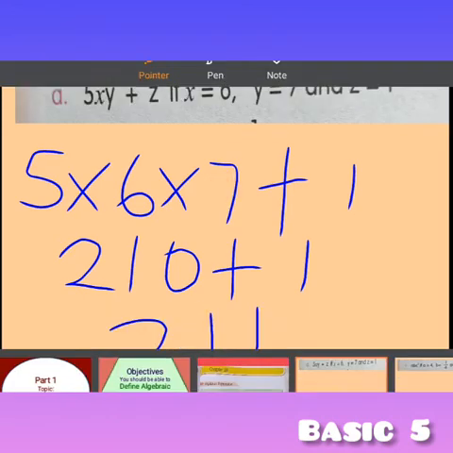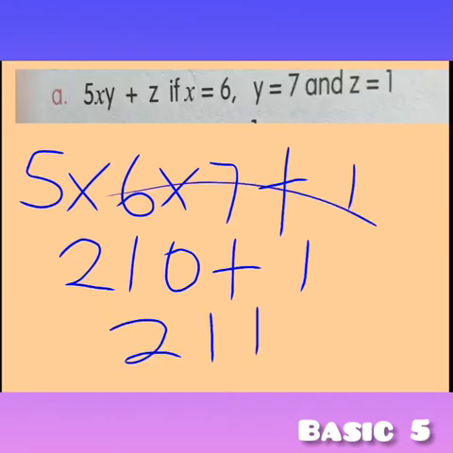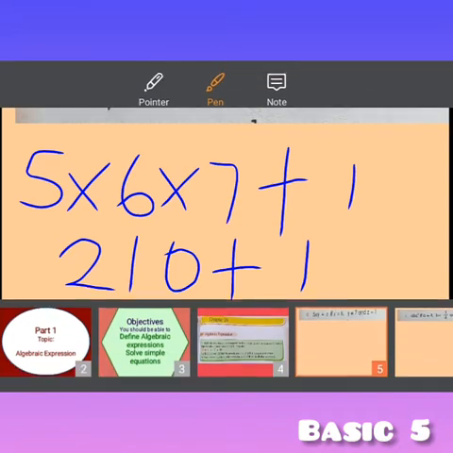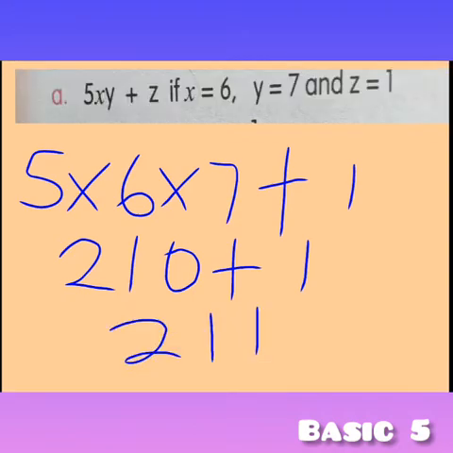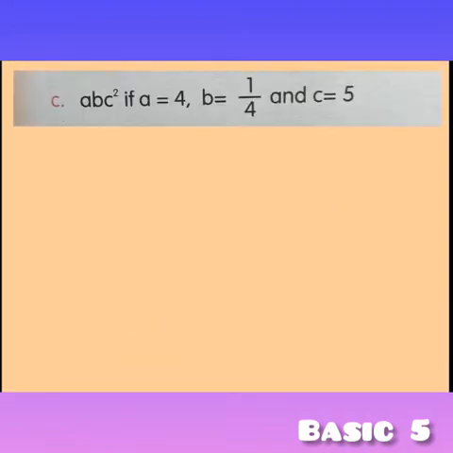Let's do another example. We have here 8bc raised to power 2, if a equals 4, b equals a quarter, and c equals 5.